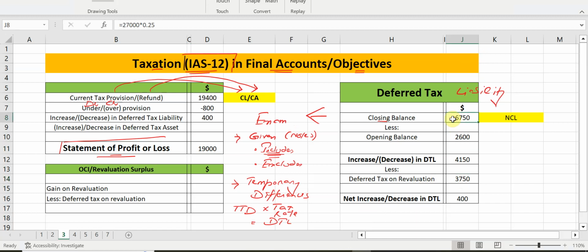The closing deferred tax liability was not given. Instead, they gave us the temporary differences, so we multiplied the temporary differences by the tax rate. And this temporary difference includes the deferred tax on revaluation. The current year tax provision was 19,400, which represents your current liability. Over provision decreases the current year tax charge, and the net increase in the deferred tax liability was 400. So the profit or loss figure is 19,000.